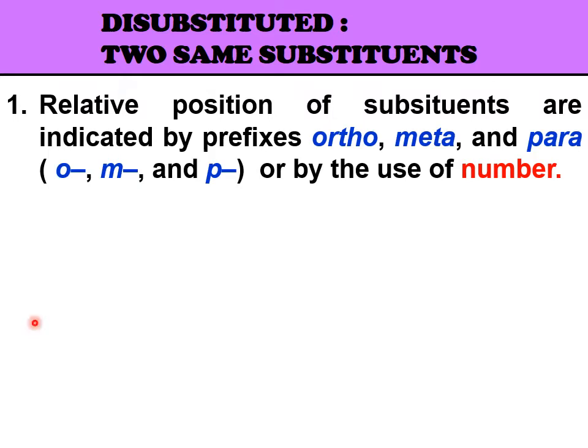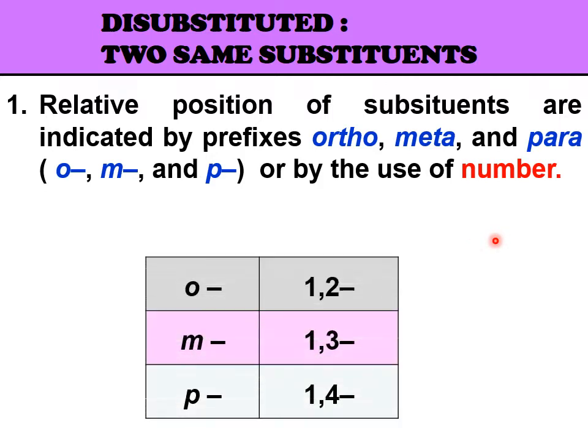You can use the prefixes, or we can also use the numbers. Ortho, O, tells us the substituents are at carbon 1 and 2, and M, meta, means the substituents are at positions 1 and 3, and P, para, means the substituents are at positions 1 and 4. So you can use the letters to represent the position or the numbers.